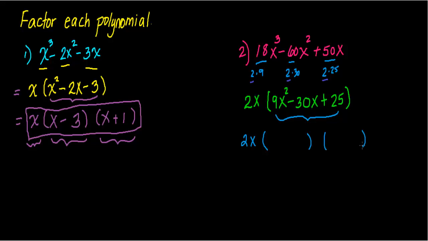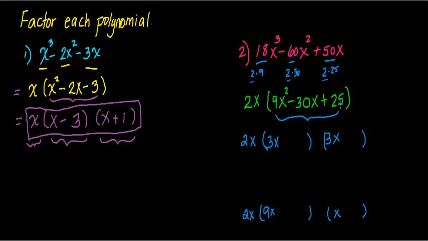And for this one, since I have a number here in front of x squared, I have 2 options because I can break 9 up into 3x times 3x, which will give me the 9x squared. The other option is I can break it up as 9x times x. So you have 2 options, and we have to try both and see which one will work.